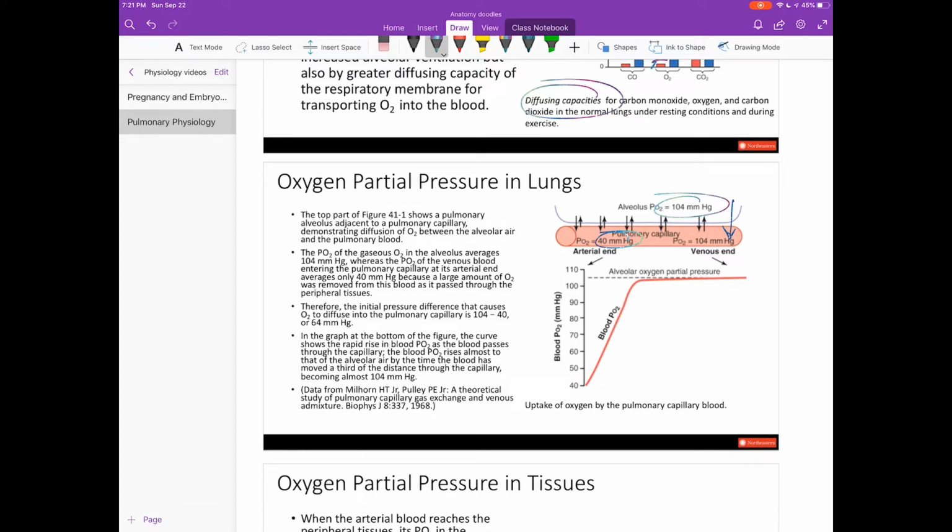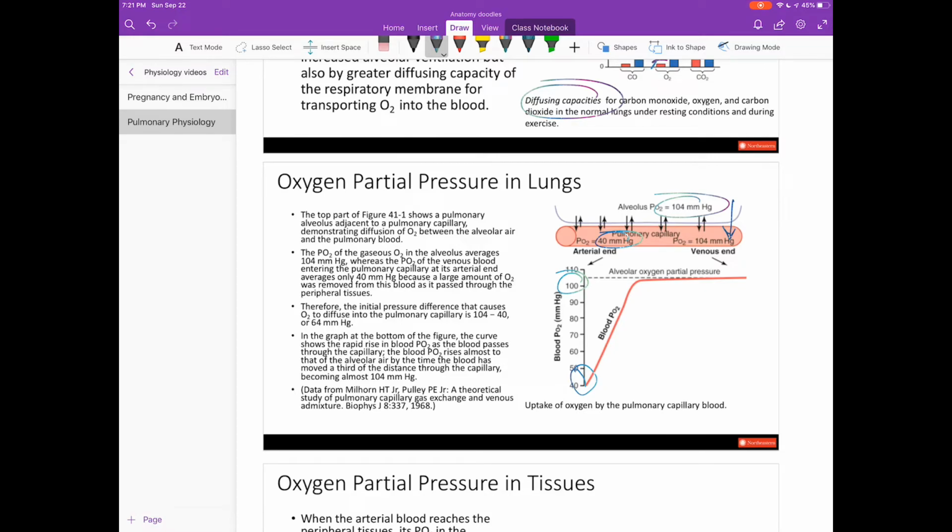The blood partial pressure is at 40, but the x-axis is actually distance into the capillary. As we move into the capillary, we start equalizing the partial pressure between the alveolus and the capillary. Notice that we're not actually going to decrease the partial pressure of oxygen in the alveolus.